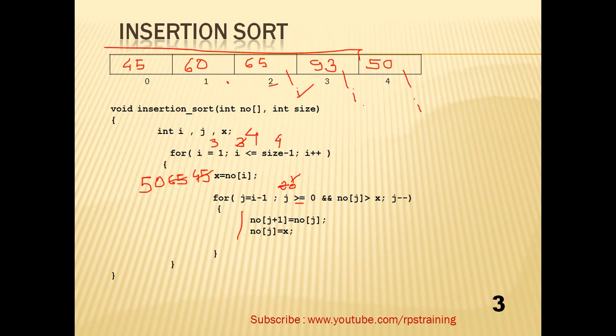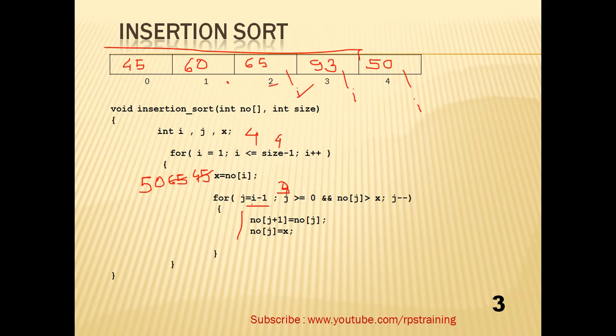For j equals to i minus 1, j will be 3. 4 greater than or equal to 0, condition is true, and no4 greater than x, which is 50.